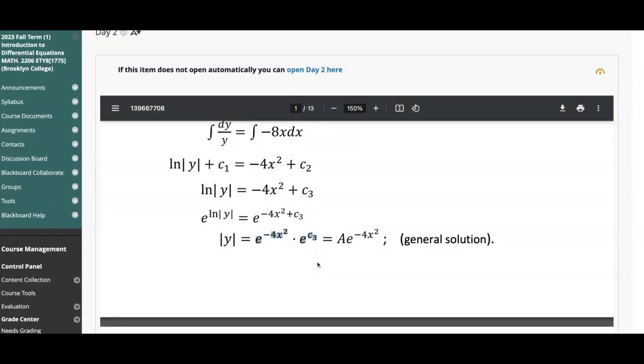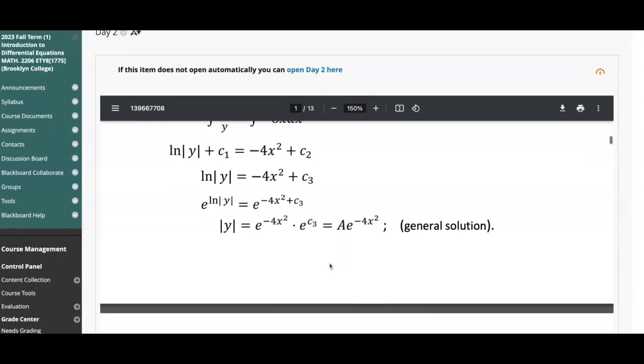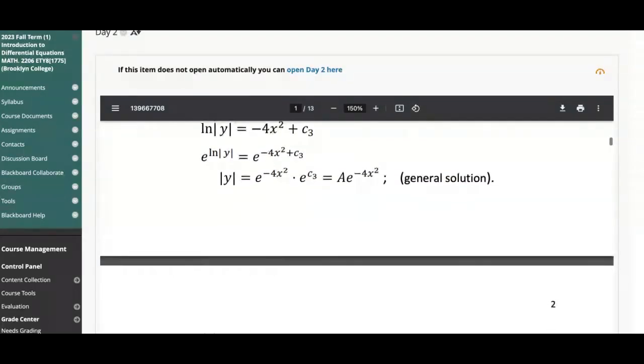We can separate it into two terms: e raised to negative 4x squared times e raised to a constant. So this would be our general solution. E to a constant is just a number. We could just use C or A to represent a number here. So this is a general solution.